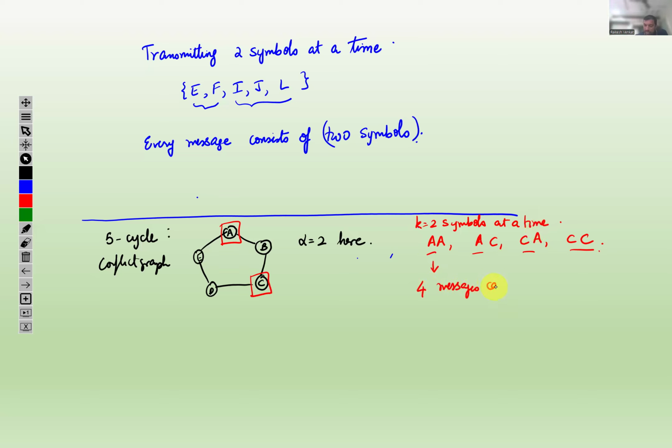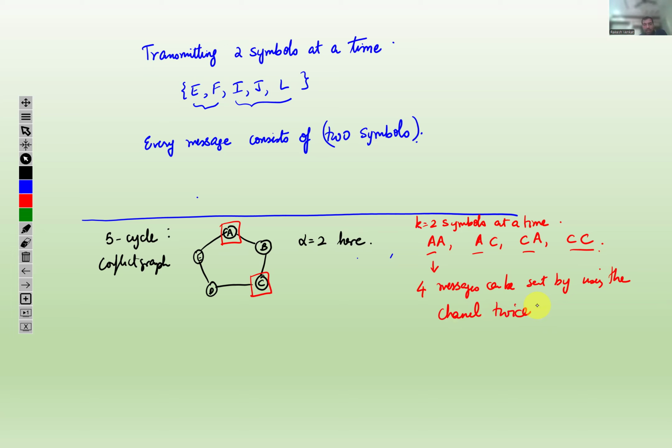So 4 messages can be sent by using the channel twice. So 4 distinct messages that will not be confused with each other can be sent over the channel when you're using two symbols at a time.